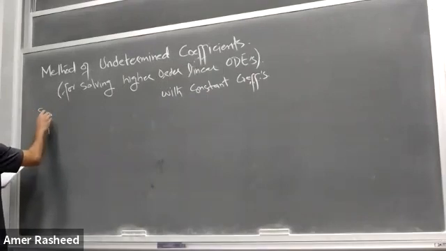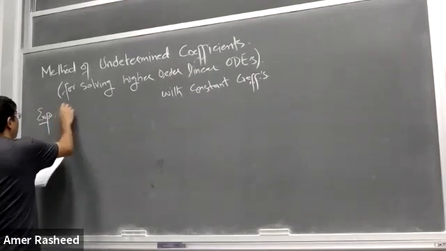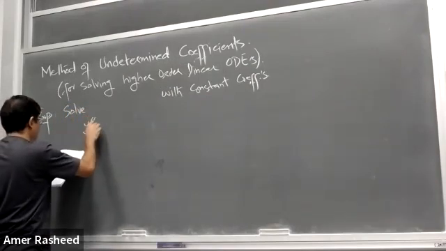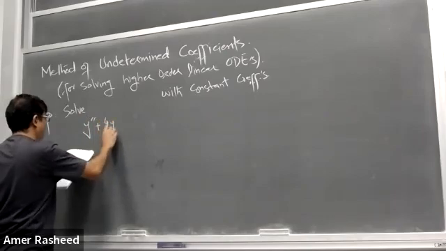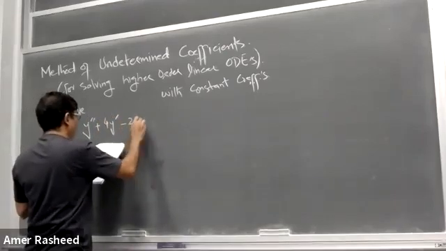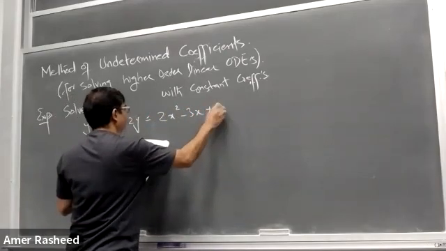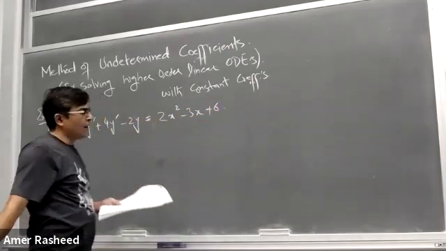For example, we need to solve the following ODE: y double dash plus 4y dash minus 2y equal to 2x squared minus 3x plus 6.